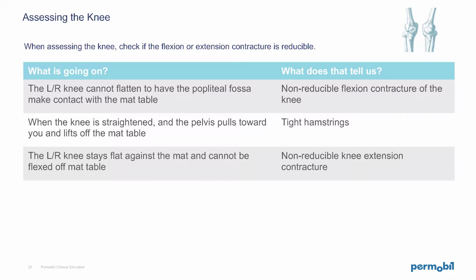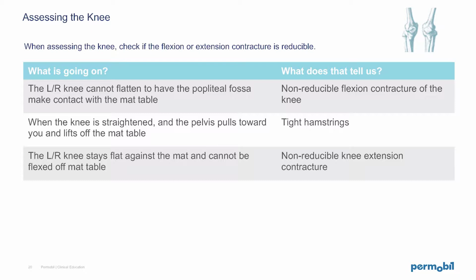So, for example, when we're performing the supine mat evaluation and we're focusing on the knee, if the left and the right knee cannot be flattened out to have the popliteal fossa make contact with the mat table, then this is cueing me in that I'm looking at someone who has a flexion contracture of the knee and it's non-reducible.